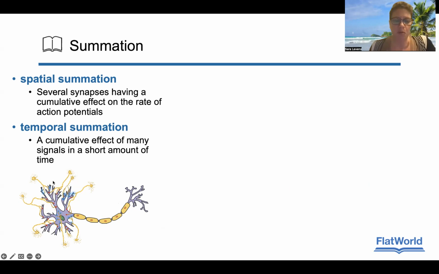And so this cumulative summing occurs in two ways. It occurs through spatial summation, where you have synapses that are nearby each other and how they can fire and have cumulative effects. And then you also have temporal summation, a cumulative effect of many signals in a short amount of time.